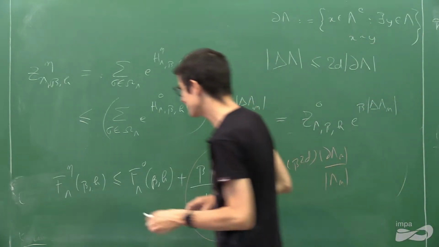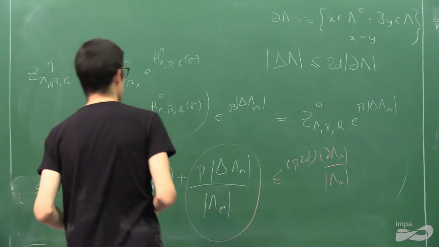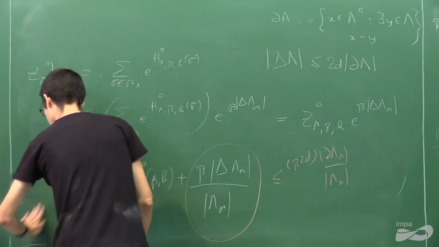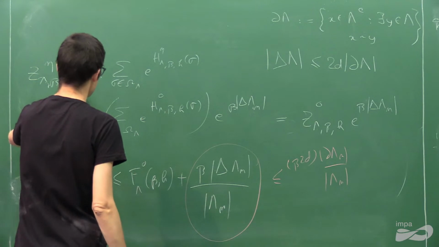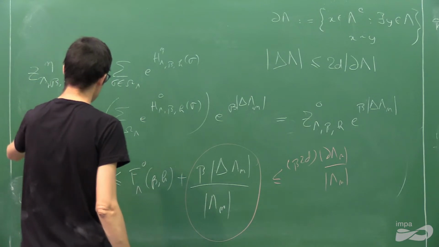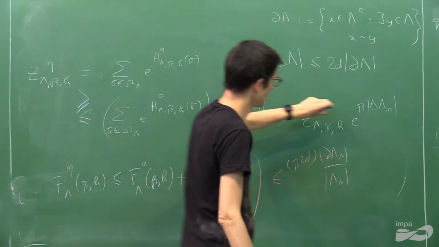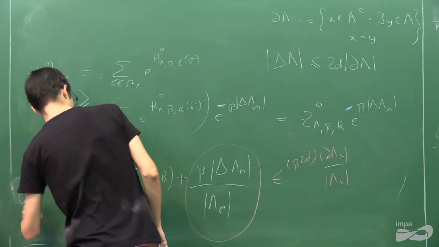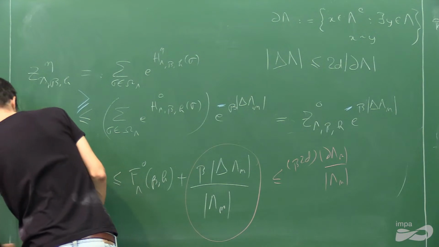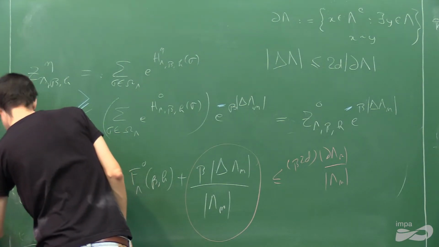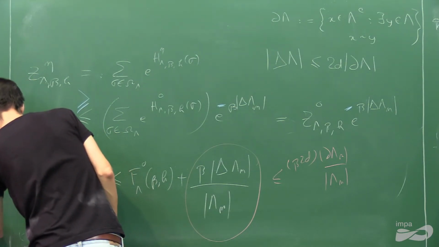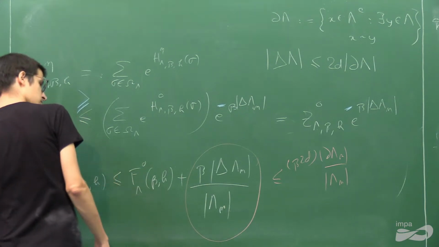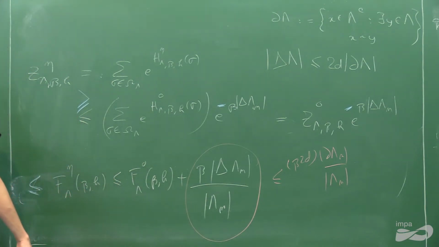And exactly the same thing. What you can do is say that this is larger than this. So you get minus 2 beta.